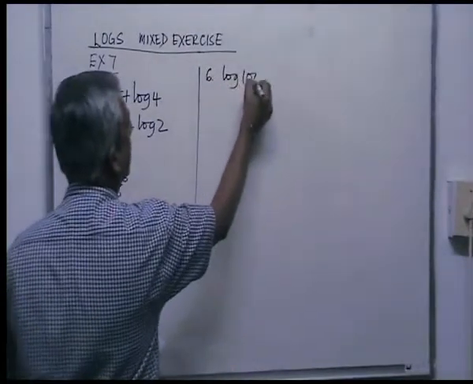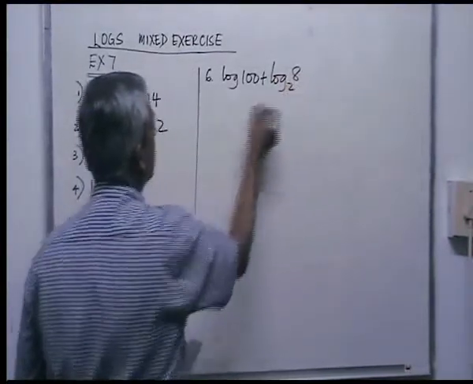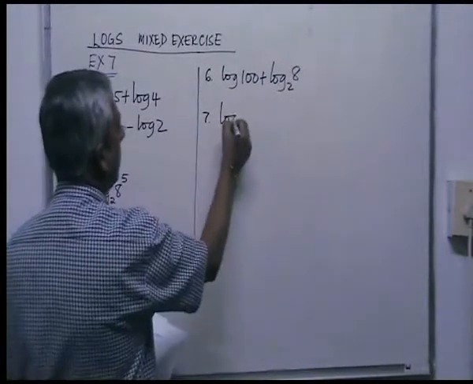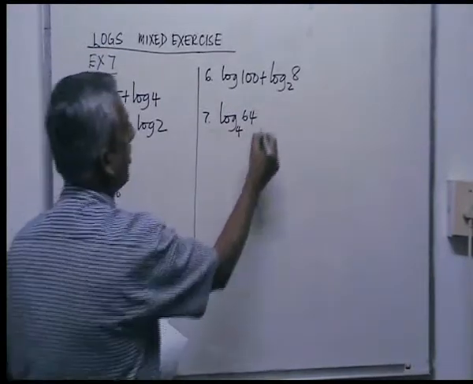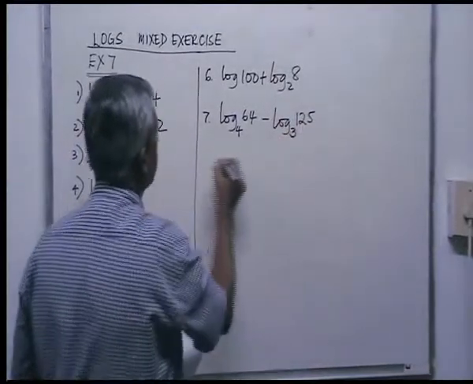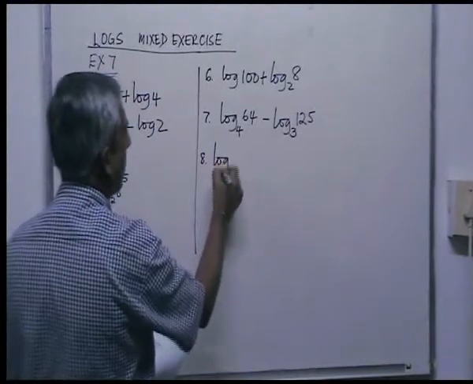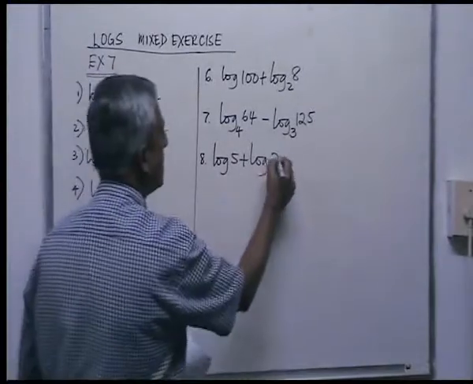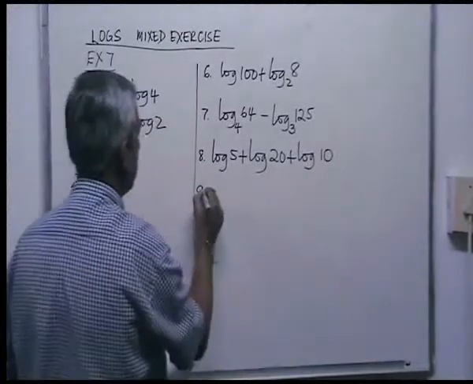Log of 100 plus log of 8 to the base 2. Number 7. Log of 64 to the base 4 minus log of 125 to the base 3. Number 8. Log of 5 plus log of 20 plus log of 10.